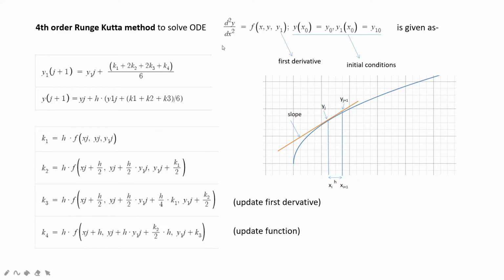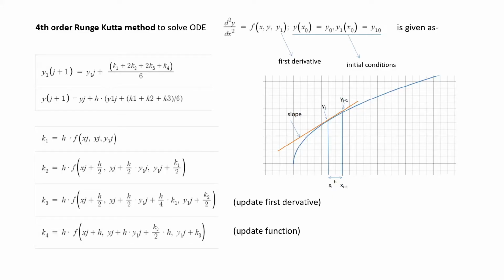The order is second order, and the right hand side is a function of the independent variable x, the function y itself, and y1, which is the first derivative of y, that is dy by dx, subject to the given initial conditions: y of x naught is equal to y naught, y1 of x naught is equal to y1 naught. In our case, y naught would be theta naught, the initial angular position, and y1 naught would be theta dot naught, our initial angular velocity.